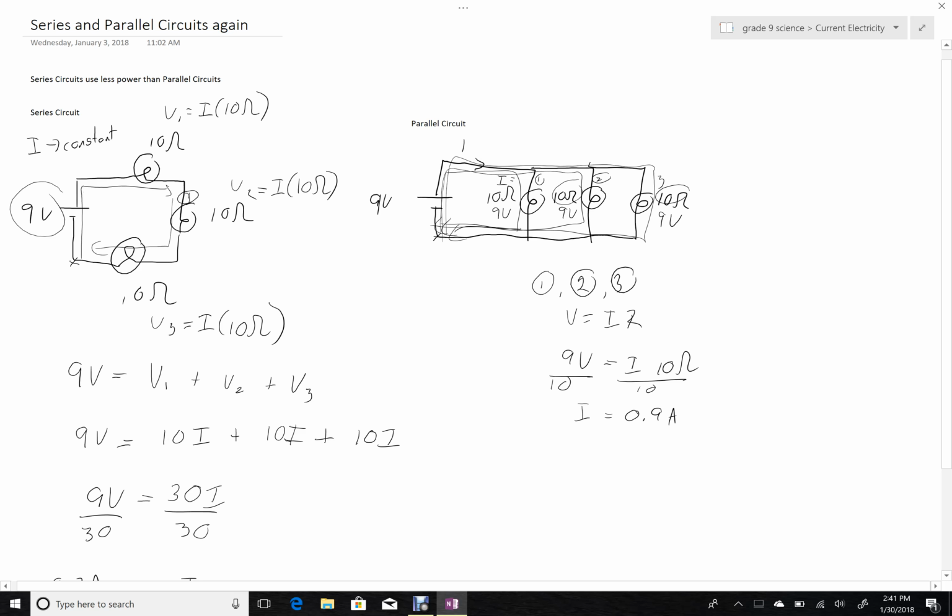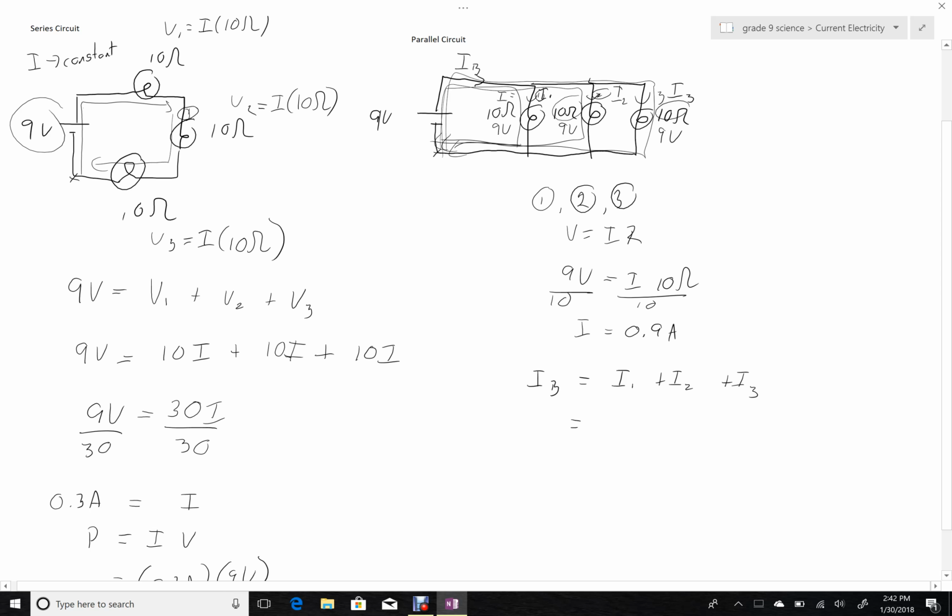So then I can recognize that the current from the battery has to supply all 3 of those currents, I1, I2, and I3. So IB is going to be equal to I1 plus I2 plus I3. Since each of them is 0.9 amps, I can get a total current of 2.7 amperes.